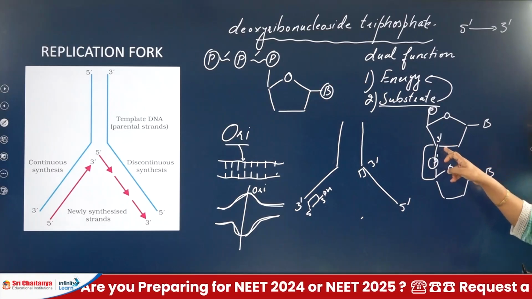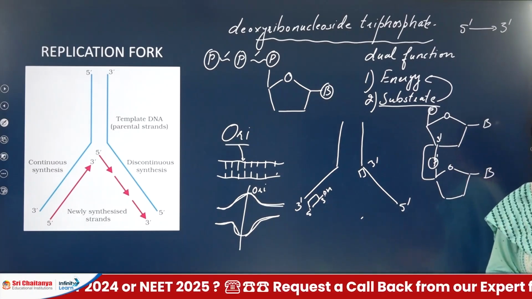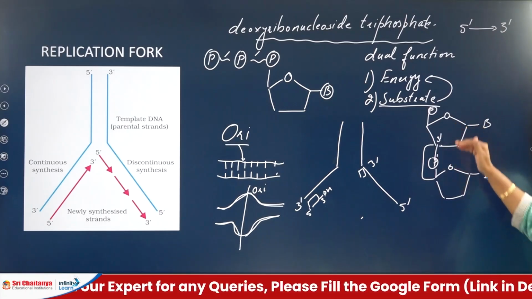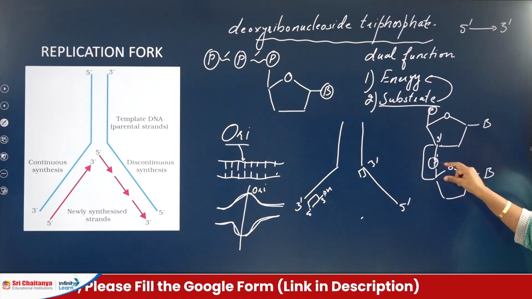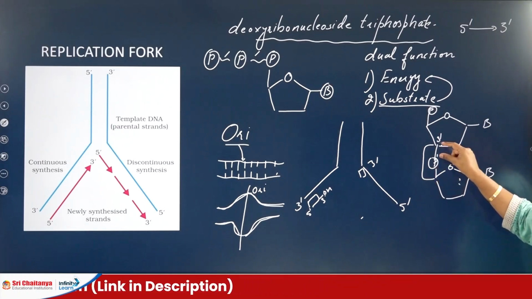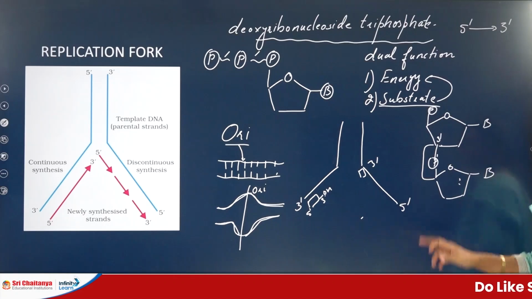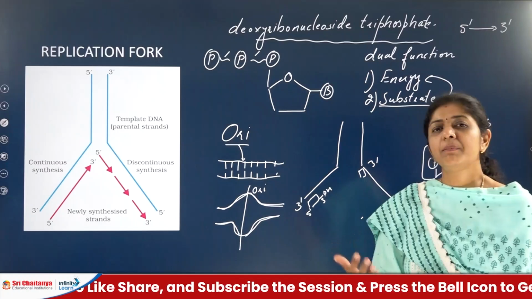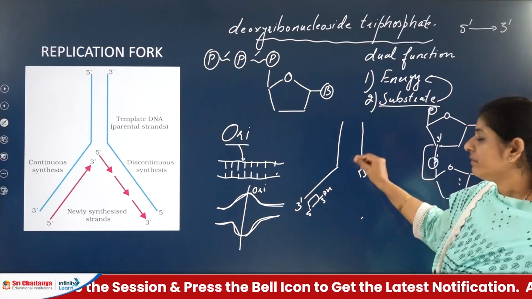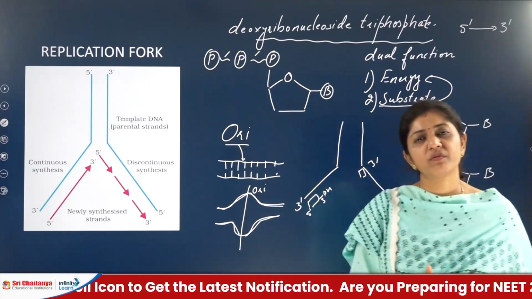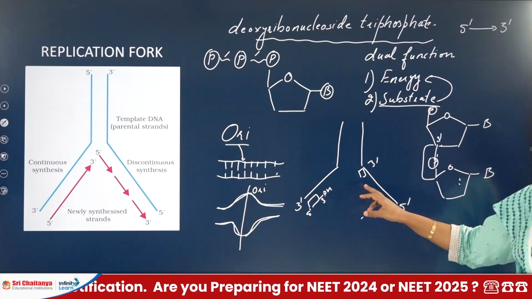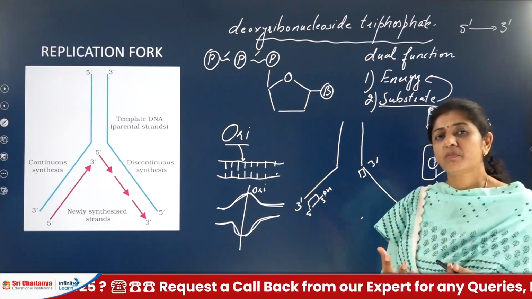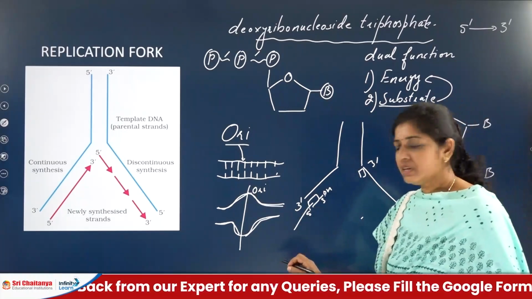At the 3' end because there is an OH group here. This OH group will provide a place to make the phosphoester bond between two adjoining nucleotides. This nucleotide is already having a phosphoester bond. A new phosphoester bond has been created. That's why together you call it a phosphodiester bond, which will help in the polymerization of one nucleotide with the next. So primers, what is the main role of that? They are providing the OH group over there. Is that clear? So this is a very important thing that you should know, the role of the primer. And do remember, this primer is an RNA primer.